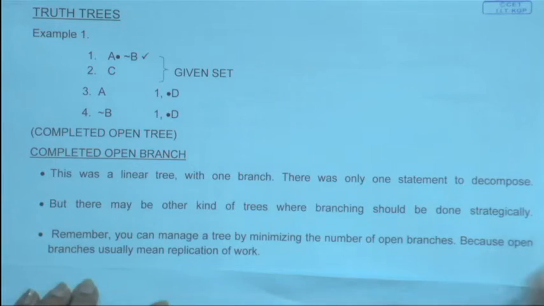So, that is the kind of perception that you are going to gain. The more you do trees, the more you will have a better grasp on this. But right now, I will just mention this, that some trees will give you no choices, some trees will give you choices, and if you use these choices intelligently, the truth tree really can be an efficient tool to show you the results. Okay. So, let us see other examples as we go along.